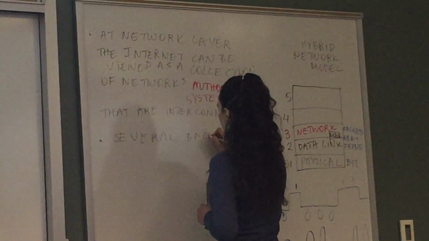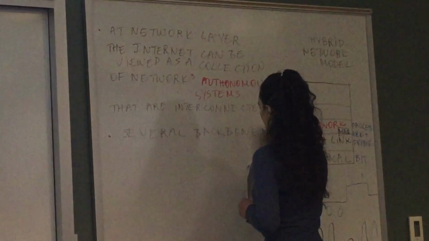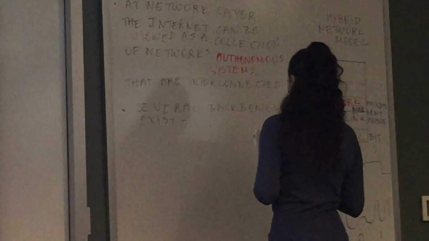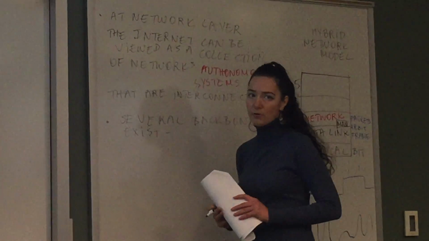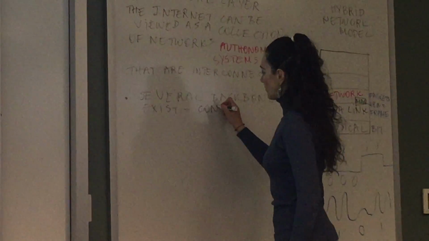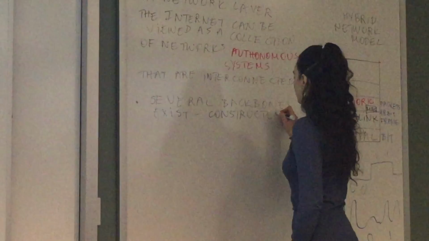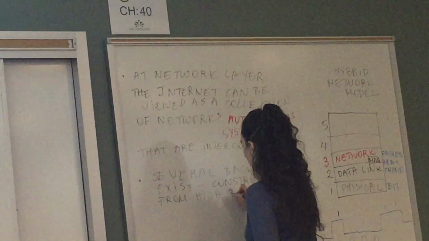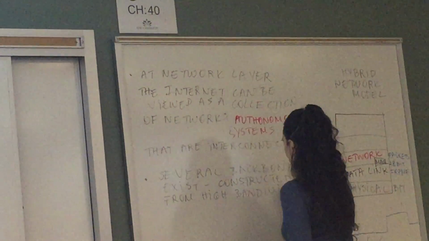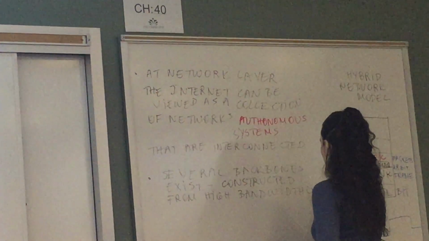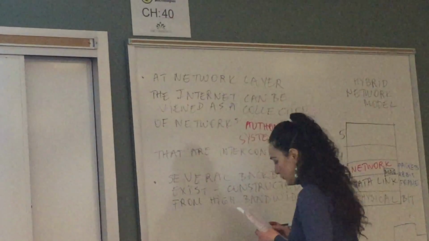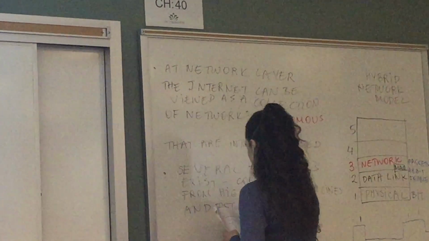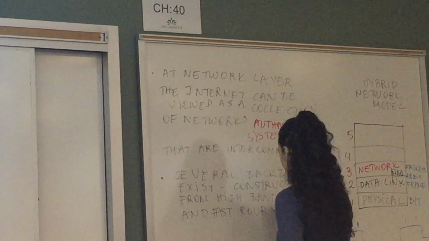So several backbones exist, constructed from high bandwidth lines and fast routers. These are called Tier 1 networks.